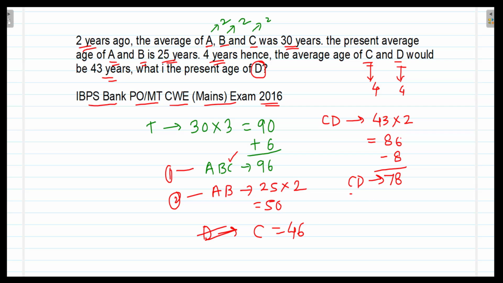This is the age of C, and 78 is the total age of C and D. If you subtract the age of C from the total age of C and D, then you will get the age of D as 78 minus 46, and that is equal to 32 years. Therefore the age of D is 32 years.